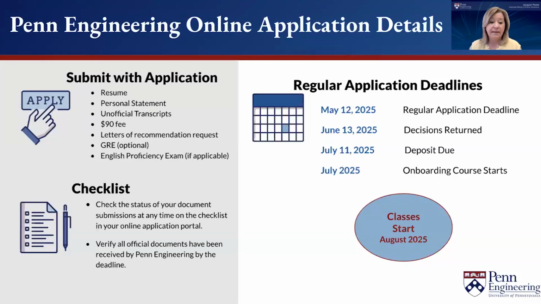Once you've provided the contact information for those recommenders, as soon as you put that in, we automatically send out an automated email to them, saying that you've requested them to write a letter of recommendation. They're given a unique link, and they attach their letter of recommendation and upload it to that link, and it automatically syncs with your application.